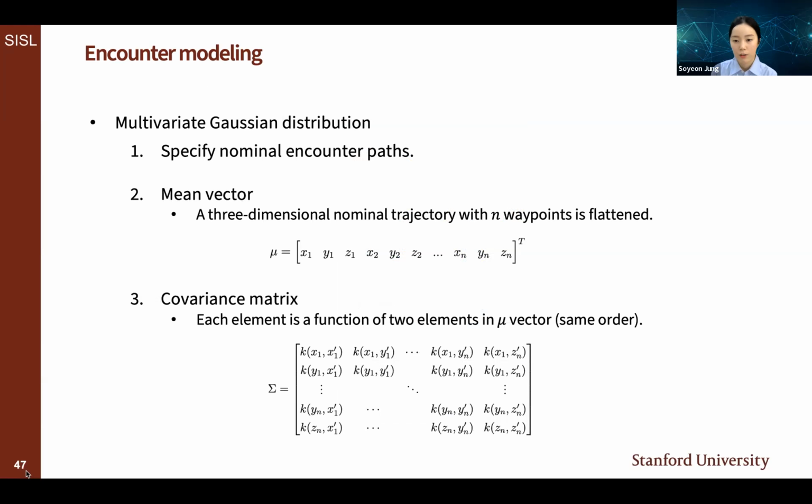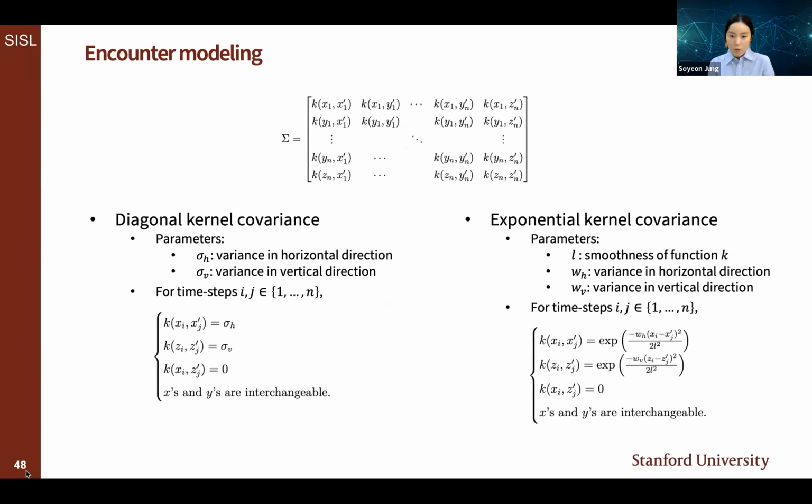Once the nominal encounter trajectories are specified, we can construct a mean vector, which is the flattened version of the 3D nominal trajectory with n waypoints, and a covariance matrix where each element is a function k of 2 elements of the mean vector in the same order. We have 2 options of covariance type, and each type defines the function k differently.